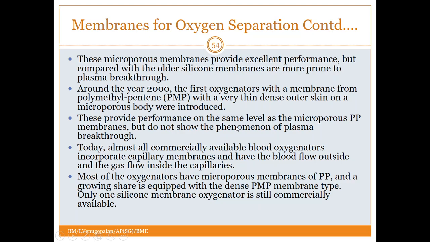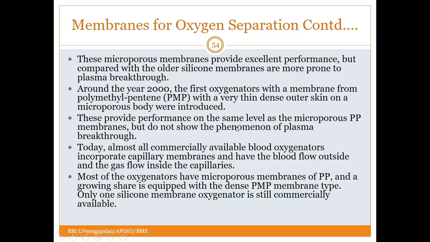So most blood oxygenators in the modern day are capillary membranes, with blood flow outside and gas flow inside the capillary. So it just acts like your ordinary capillary in your body, but you have oxygen or the gases inside the capillaries and the blood outside the capillaries. So it is a tubular structure.